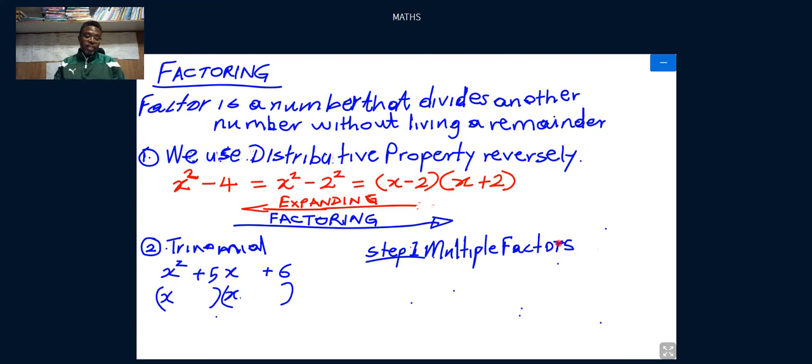You know, while we're still here on the trinomial, when you get to grade 11 and grade 12, they know sometimes it becomes impossible to factorize a trinomial. Then we use another method, which is called completing a square.